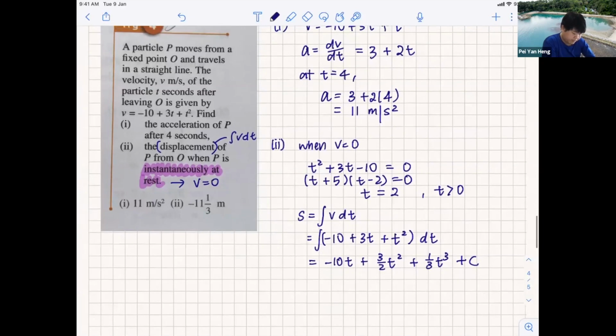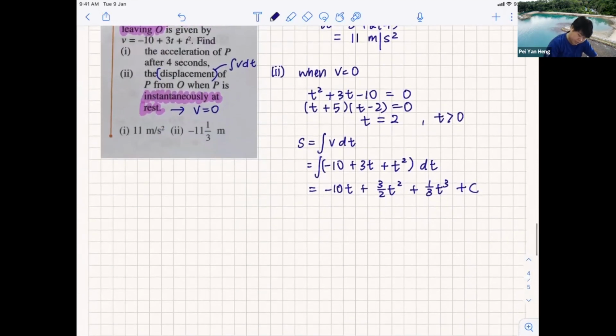The particle P moves from the fixed point O and travels in a straight line. So there is this phrase here: t seconds after leaving O. And we know that O is a fixed point. So what it means is that at t equals 0, s is 0.